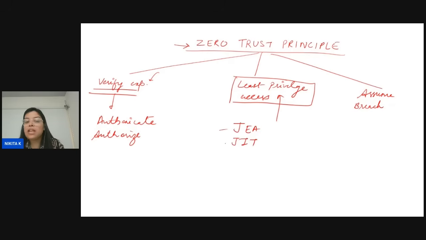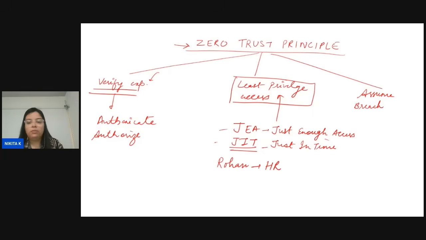Now what is this JEA and JIT? The JEA stands for just enough access, and JIT stands for just in time access. Let's say a person is there and his name is Rohan. He is working in HR.